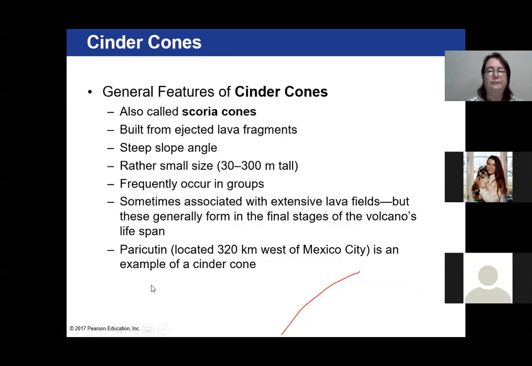All right, then we have cinder cones. These are pretty small, short, and fairly steep. Paricutin, near Mexico City, is an example of a cinder cone.